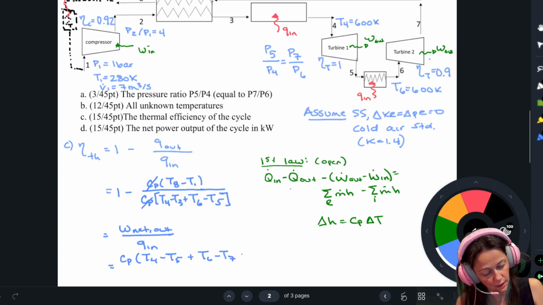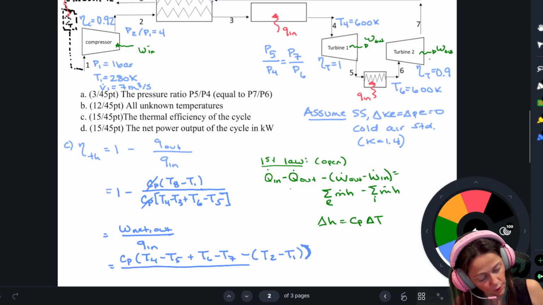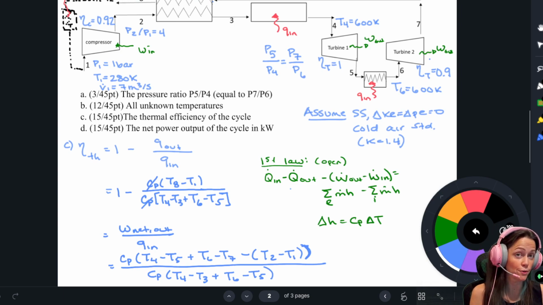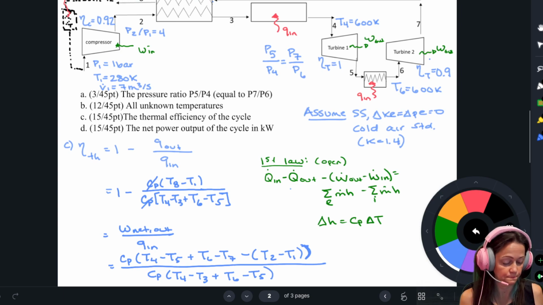There's your workout minus your work in, which is Cp times T2 minus T1. And then your Q in is, of course, going to be the same: T4 minus T3 plus T6 minus T5. So either one of those would have been perfectly acceptable.